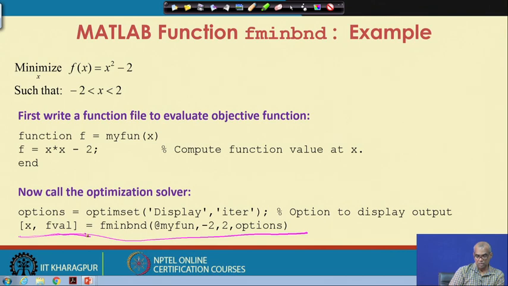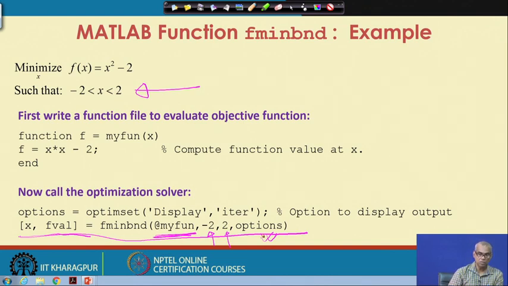Note how the name of the function is being supplied, minus 2 is the lower bound, plus 2 is the upper bound on the decision variables and the options. So, this is how you will call the optimization solver.